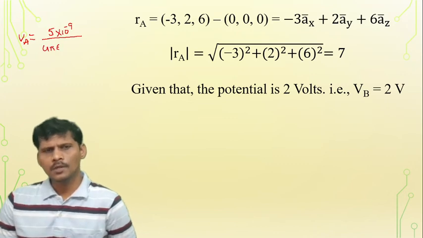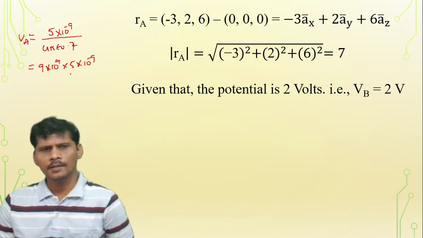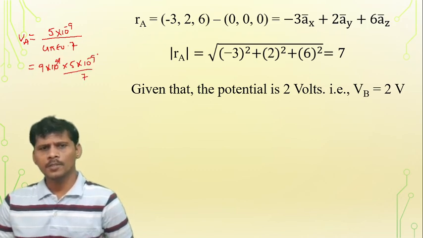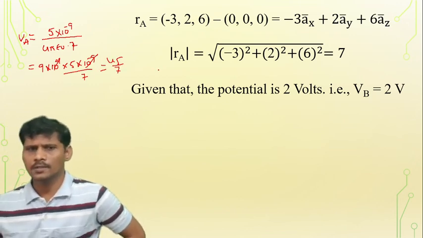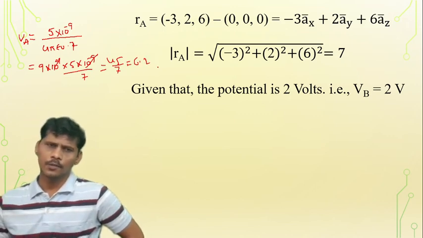What is the RA value? 7. So that is equal to 1 by 4 pi epsilon naught, which is 9 into 10 to the power of 9, into 5 into 10 to the power of minus 9 divided by 7. The powers of 10 cancel. 9 into 5 is 45, 45 by 7 is 6 point something, 6.2.